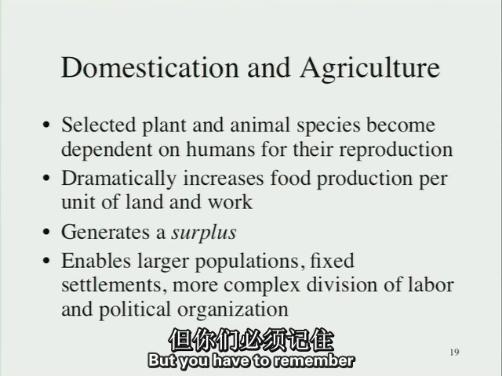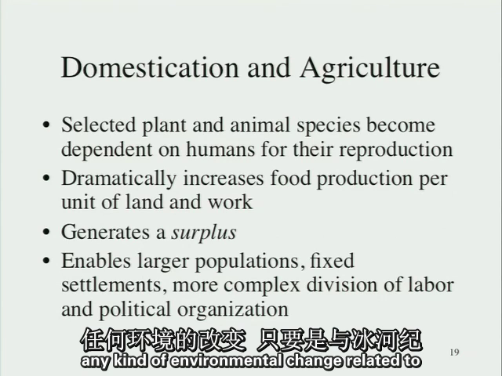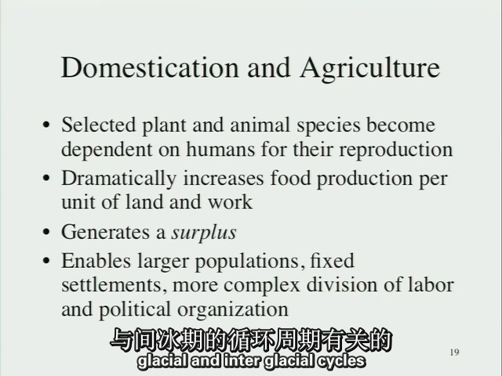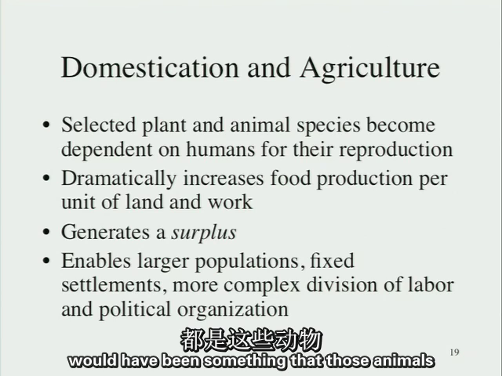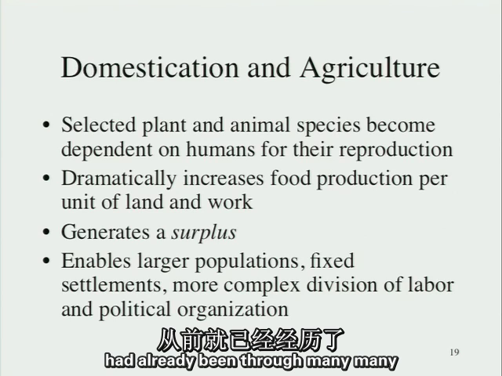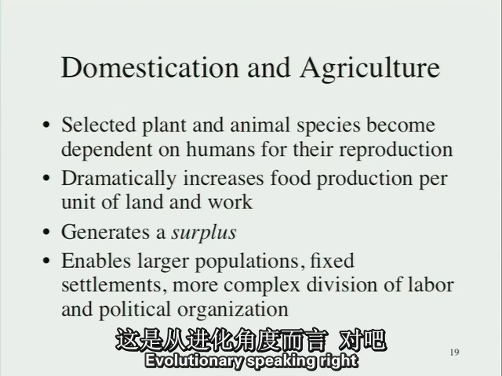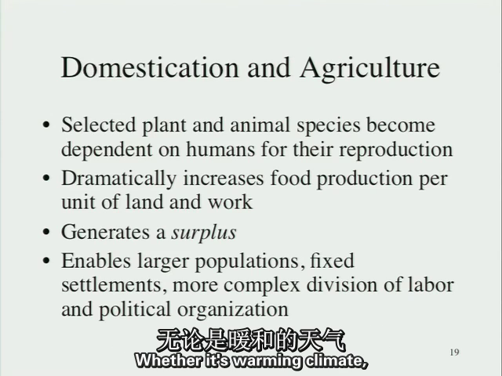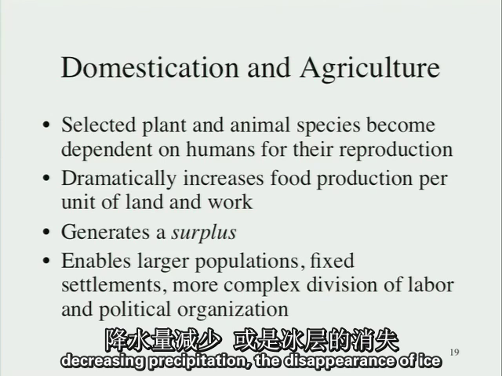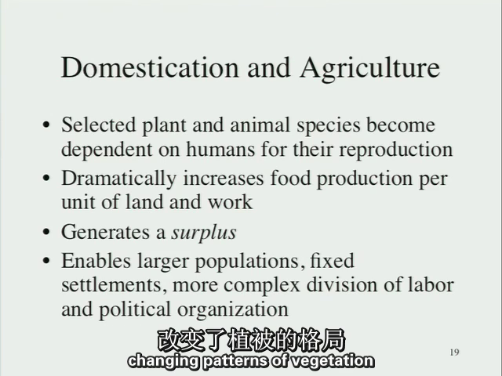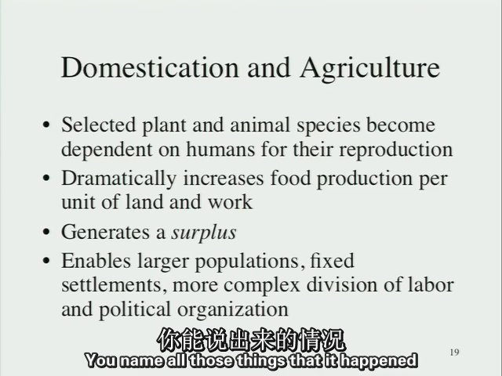But you have to remember, any kind of environmental change related to glacial and interglacial cycles would have been something that those animals had already been through many, many times before, evolutionarily speaking, right? Whether it's warming climate, decreasing precipitation, the disappearance of ice, changing patterns of vegetation, you name it.